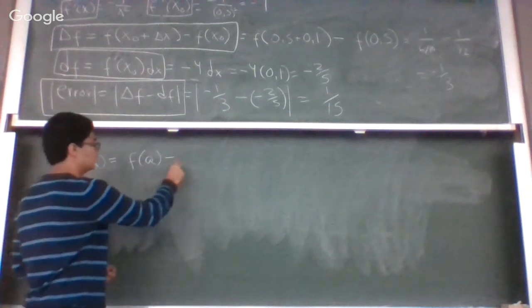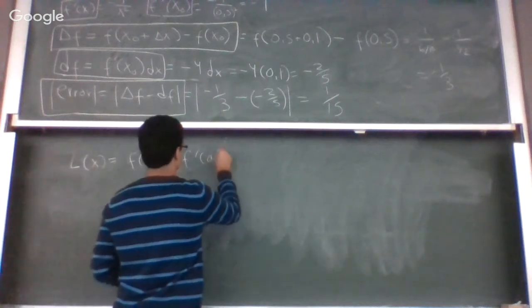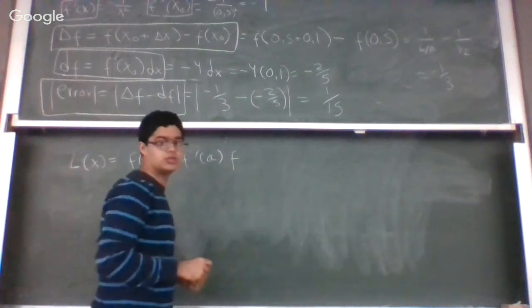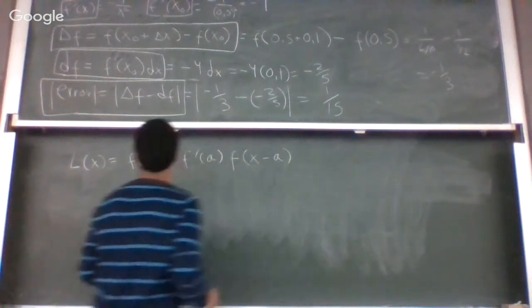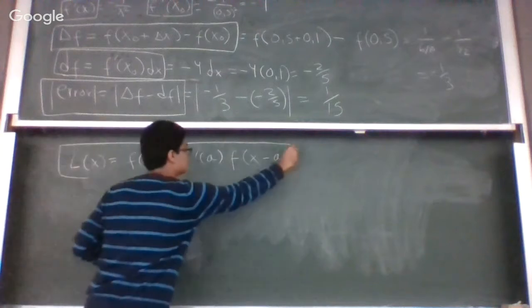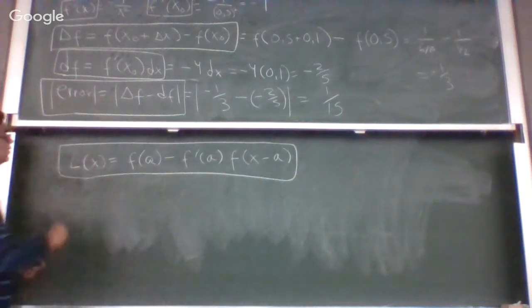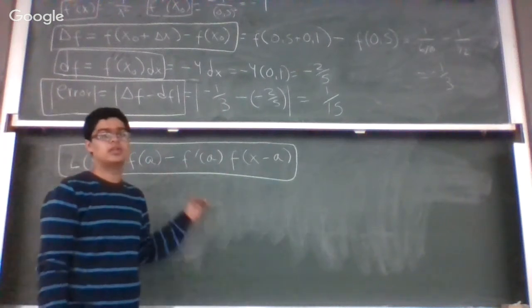Yeah, so that's f of a plus f prime of a times x minus a. So this is L of x. They'll just ask you to find L of x. Yeah, and you'll have a function. They'll give you an a value, and then you find it.